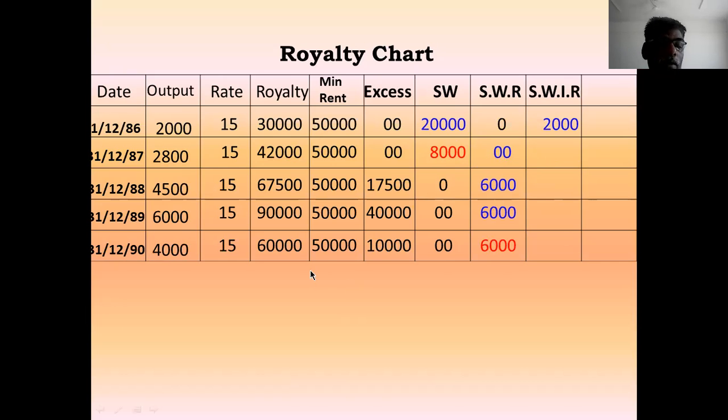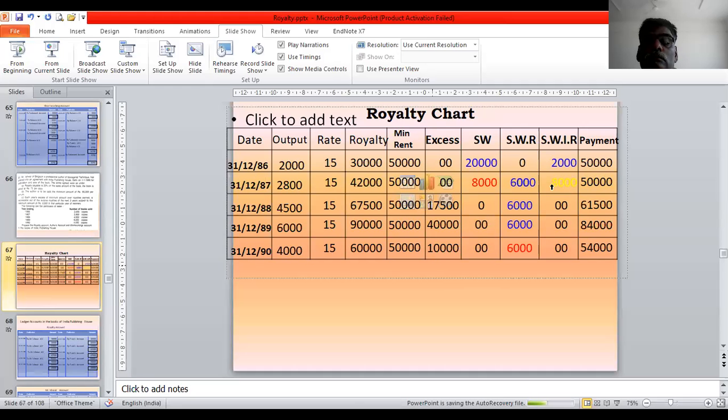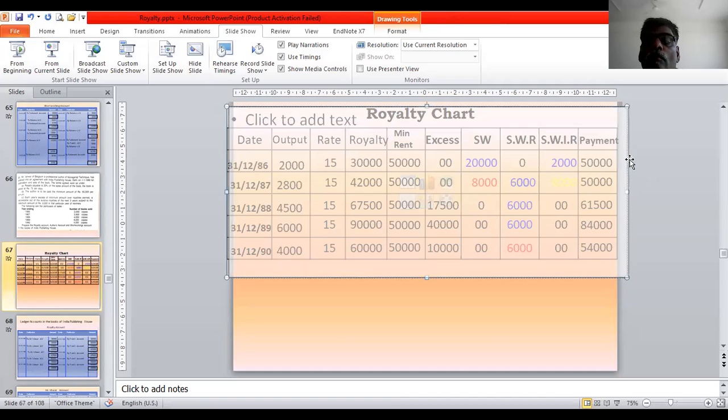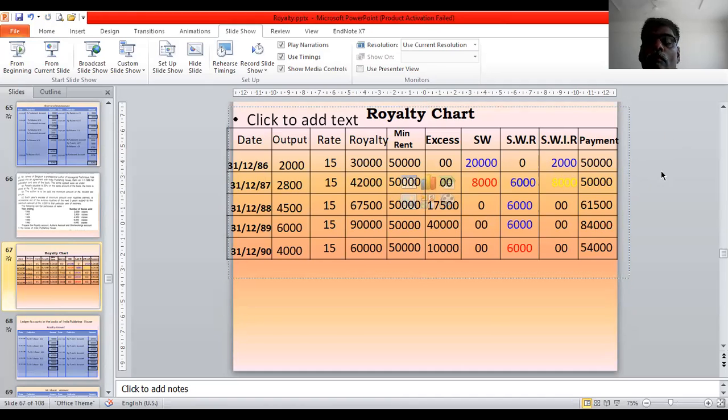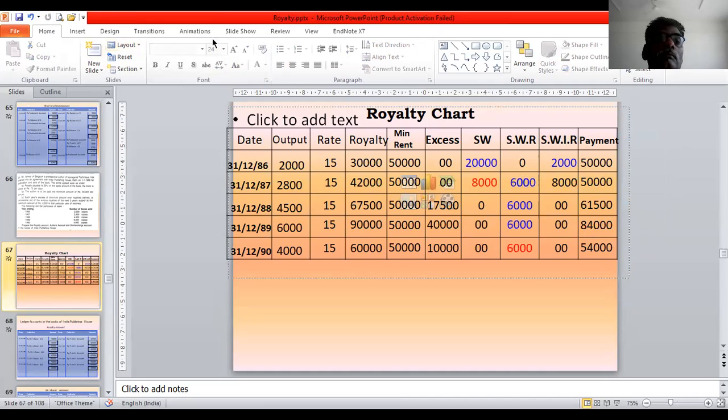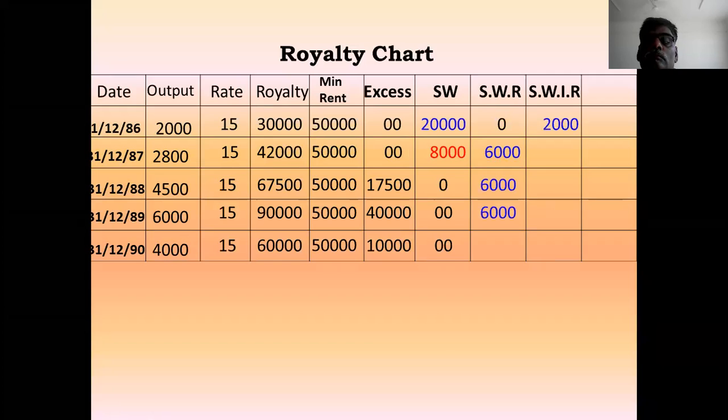Once again, I'll show it. You see here, out of this 8,000, 6,000 is recoverable, and the remaining 2,000 is irrecovered. 2,000 plus 6,000, 8,000 is irrecovered because here there is no excess.